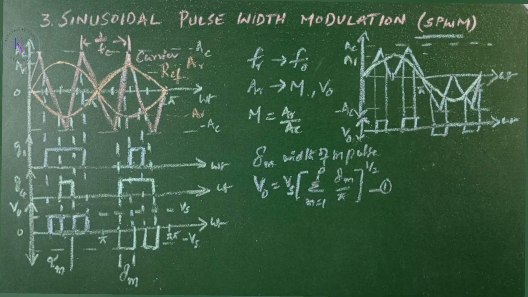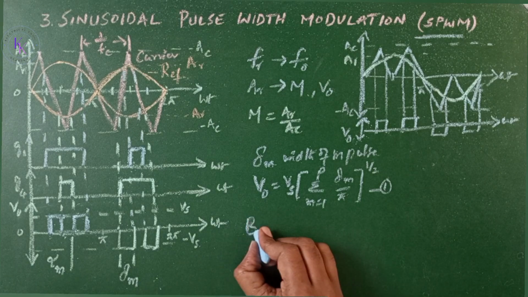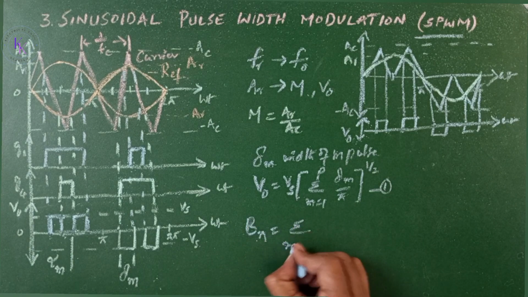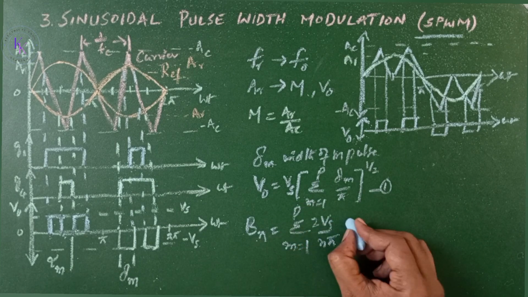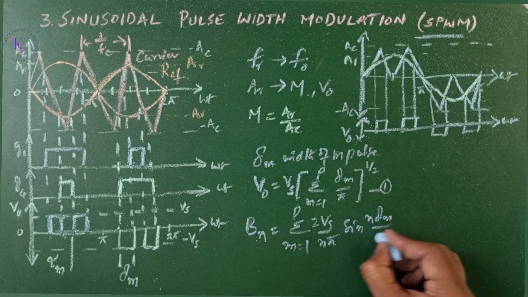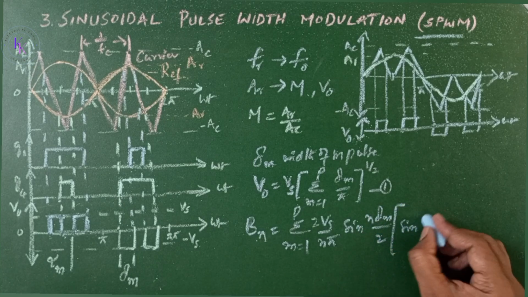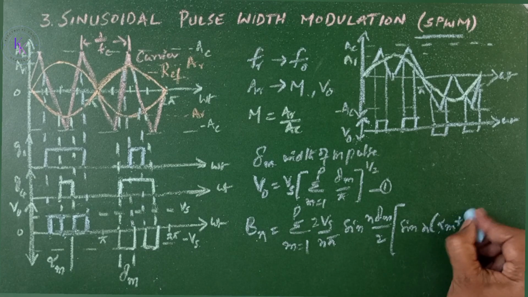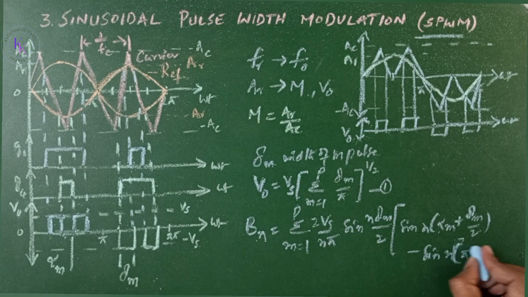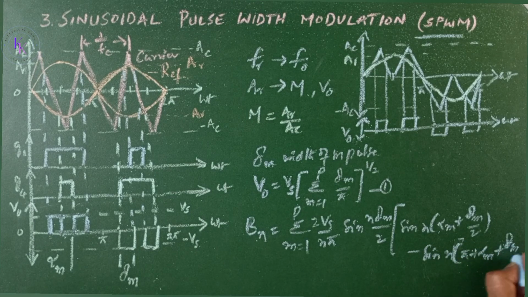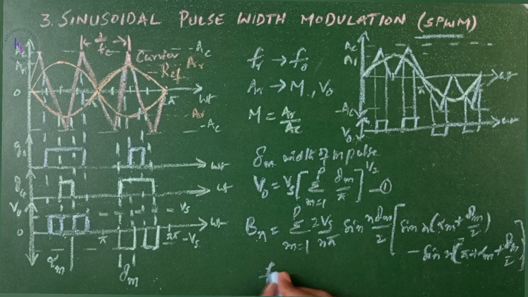The equation of the coefficient Bn for multiple pulse width modulation or uniform pulse width modulation can be written as Bn equals the sum from m=1 to p of 2Vs by n pi, sine of n delta m by 2, times the bracket of sine n of alpha m plus delta m by 2, minus sine n of pi plus alpha m plus delta m by 2, for n equals 1, 3, 5 and so on.